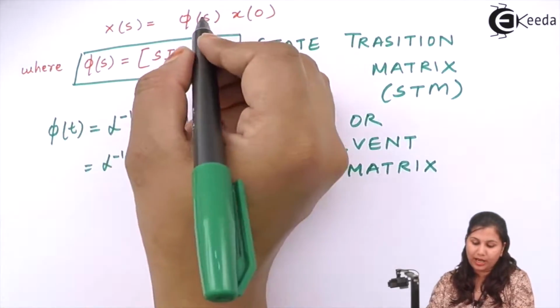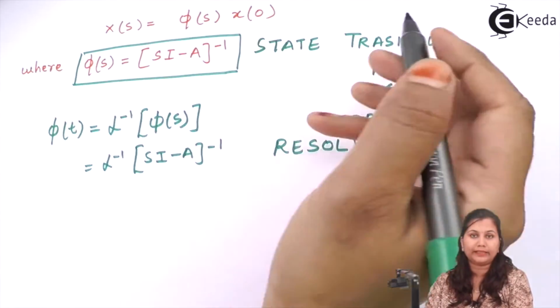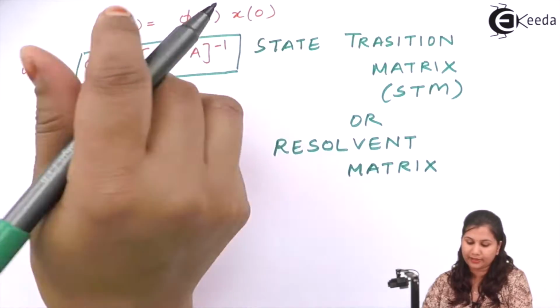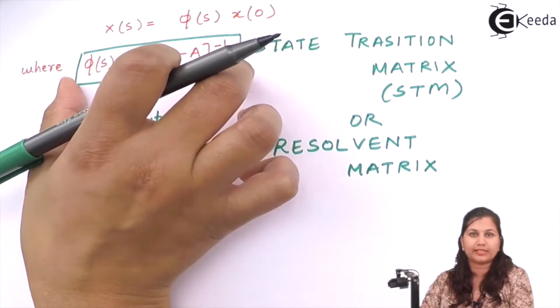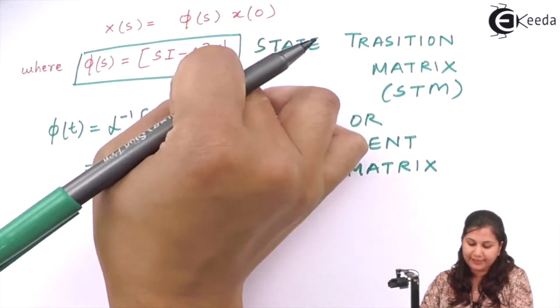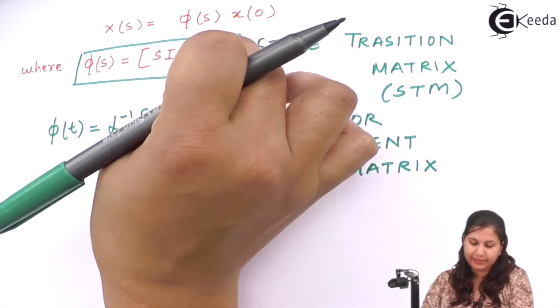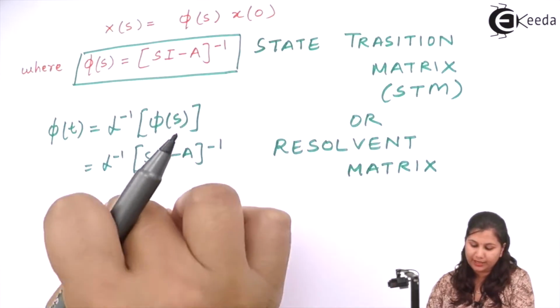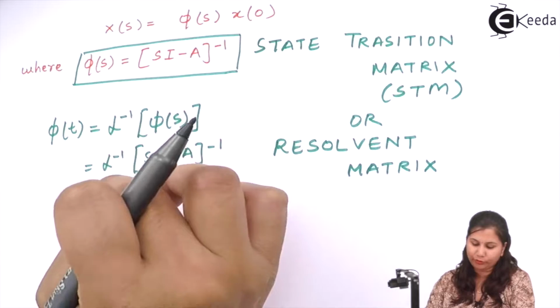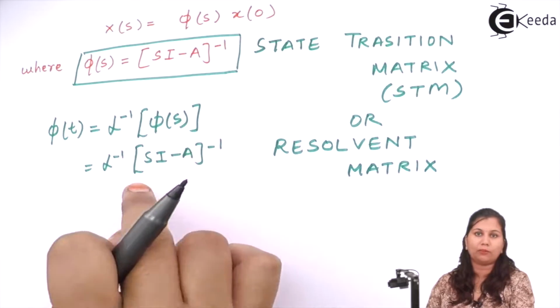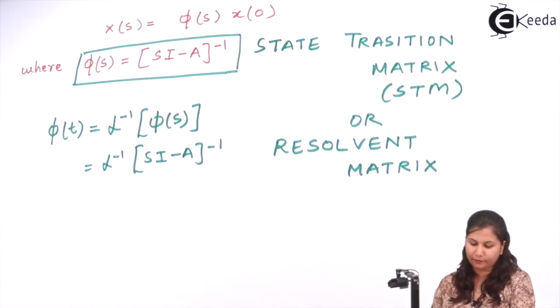So whenever you are asked to calculate the state transition matrix, this is the formula: phi s is equal to s I minus A inverse. Or if you are asked for phi t, then you have to take the inverse Laplace transform of s I minus A inverse.